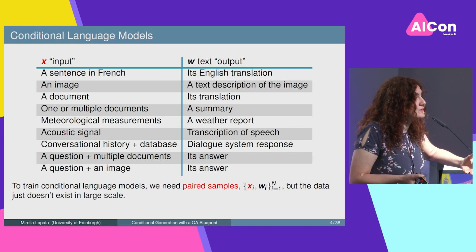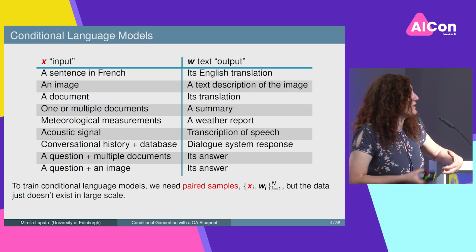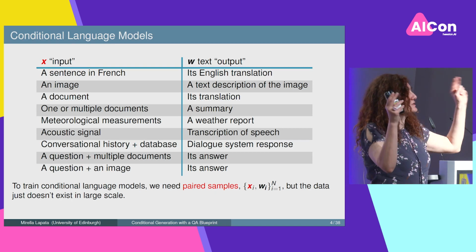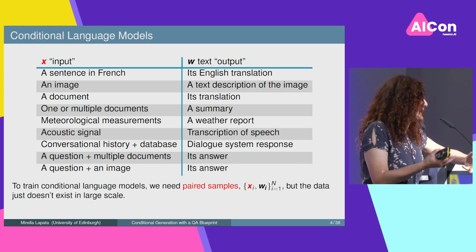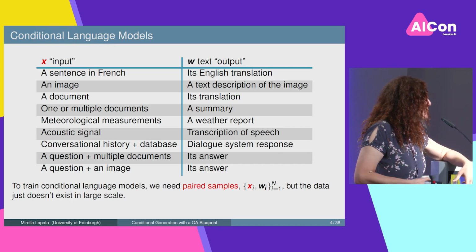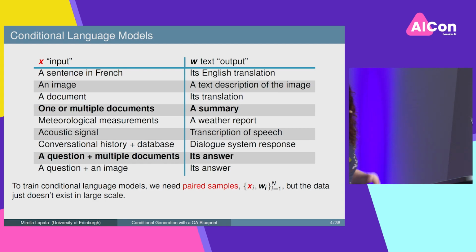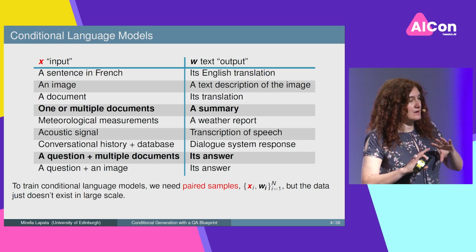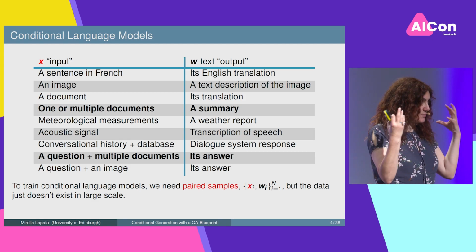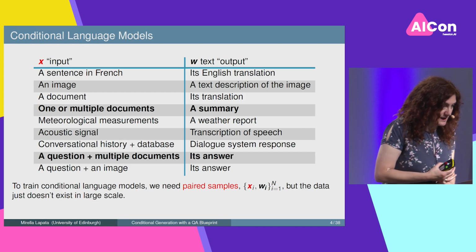Or we have a question and multiple documents, and we want to find an answer. This is your typical search scenario, where we ask questions and the search engine comes up with an answer, which could be a long-form answer. And we'll be seeing examples of summarization mostly as our prototypical conditional generation task.